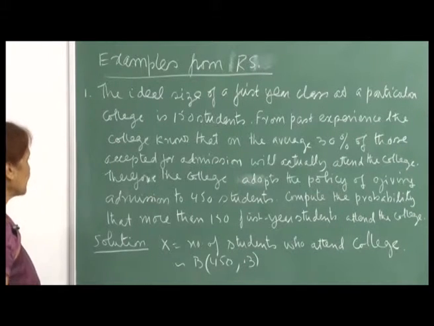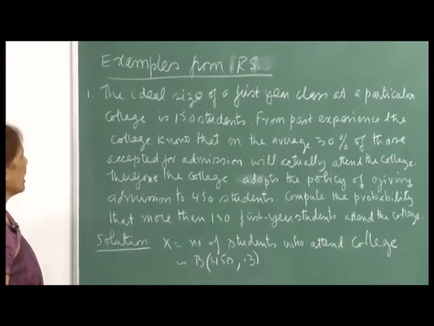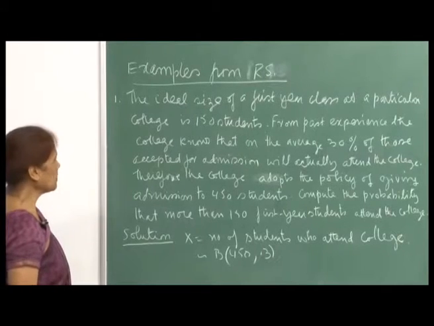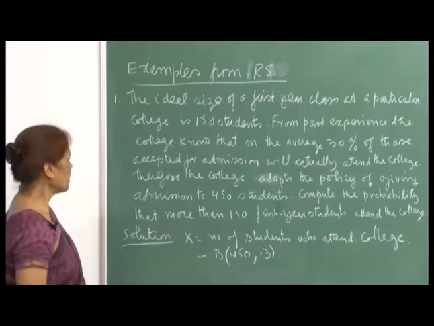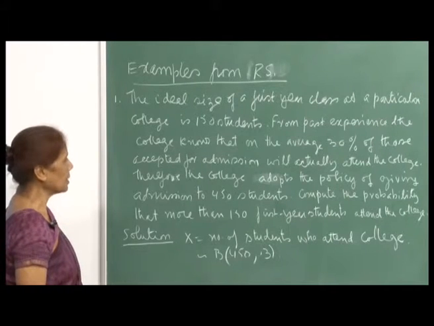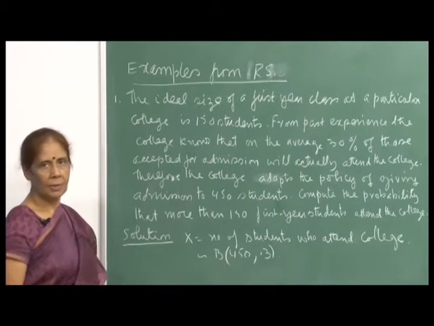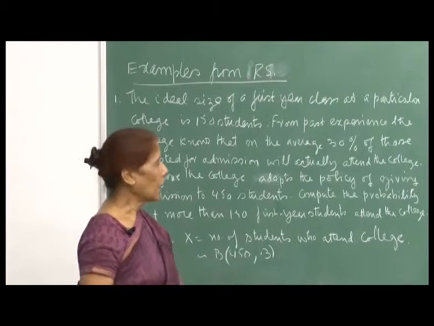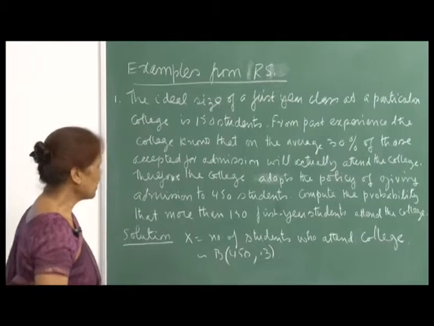Okay. So, let us look at this example. The ideal size of a first year class at a particular college is 150 students. From past experience, the college knows that on the average 30% of those accepted for admission will actually attend the college. So, people tend to apply to more than one college, and then they of course decide which is the best one for them.